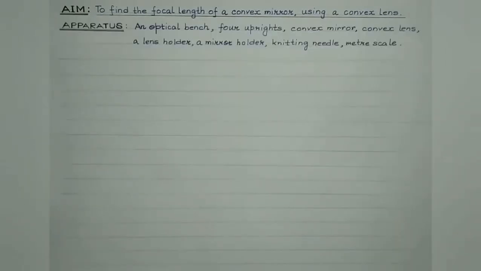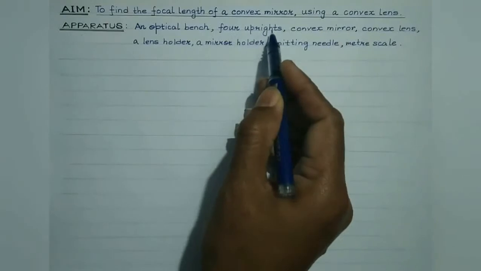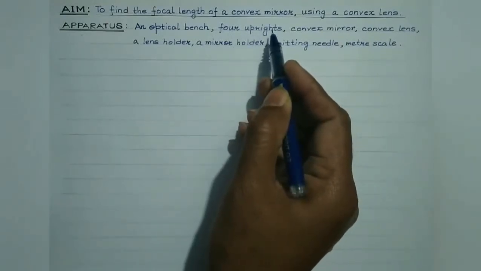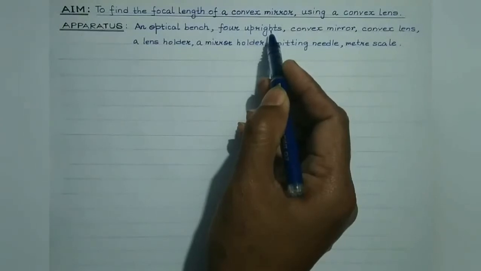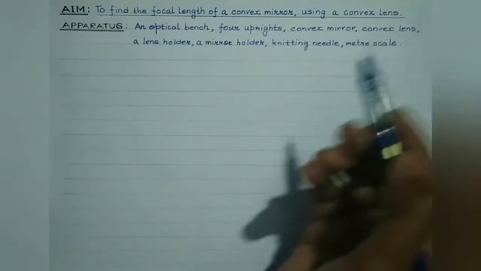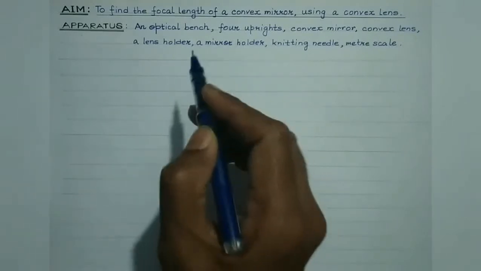In order to perform this experiment, we will be requiring these apparatuses: an optical bench, 4 uprights. 2 uprights will be used to place an object needle and an image needle. 1 upright will be used to place a convex mirror and the 4th one will be used to place a convex lens. So we'll be requiring a lens holder as well as a mirror holder.